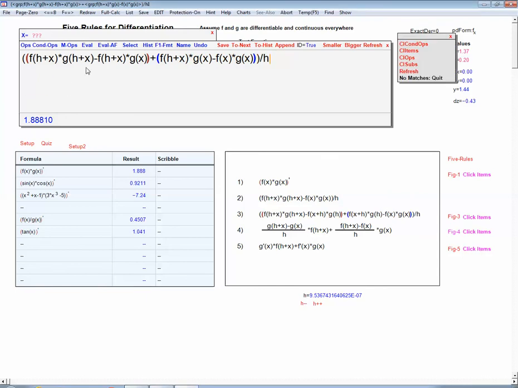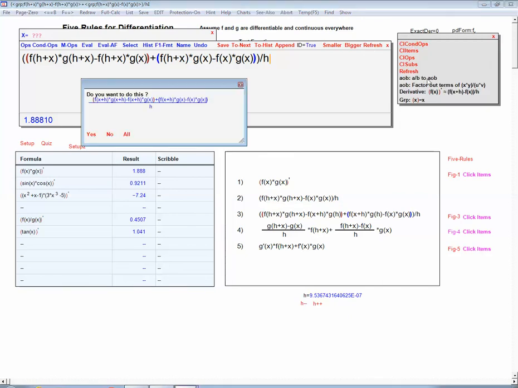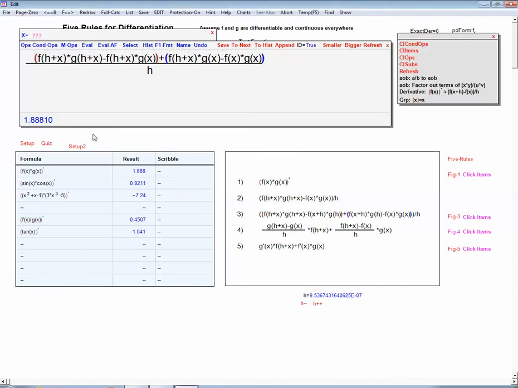Okay, so now we have a sum over h, and let me just put that in slightly different form so maybe it's a little clearer. Let's put it in the a over b form. So we have the sum of two terms divided by h, so I can split that up and distribute that h and divide each term separately.